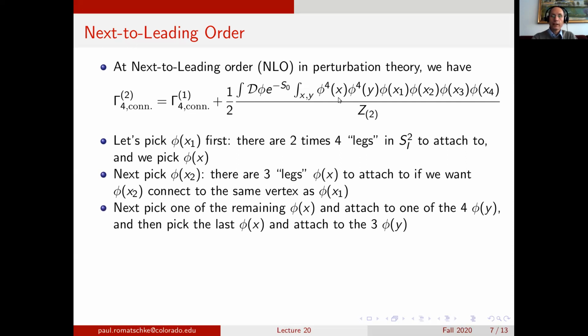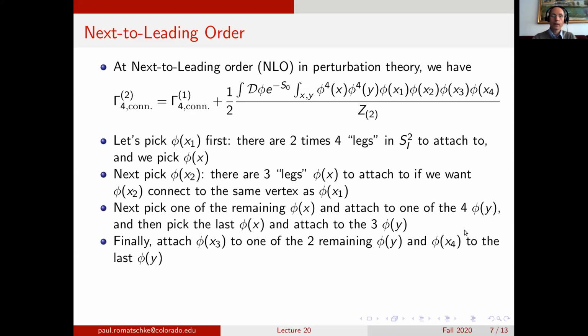Once we've done that, we can pick one of the phi of x that we have left and attach it to one of the 4 phi of y's. That gives us a factor of 4. Then pick the last phi of x, again attach it to phi of y. That gives us a factor of 3. And finally, we attach the external legs phi of x3 and phi of x4 to the phi squared that we still have left. That gives us another factor of 2 and completes the attachment.